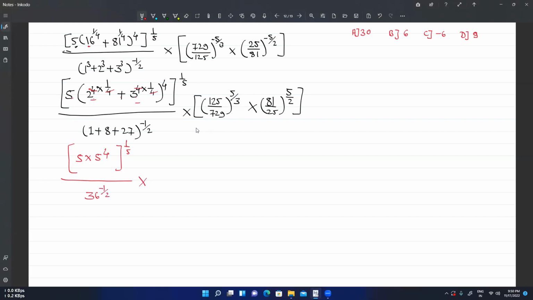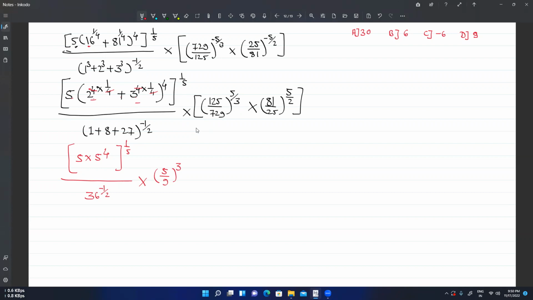Then here in this bracket, 125 upon 729 can be written as 5 upon 9, whole bracket raised to 3, or whole bracket cube, because 5's cube is 125 and 9's cube is 729.